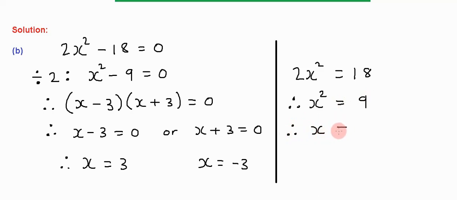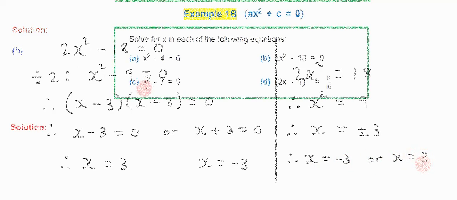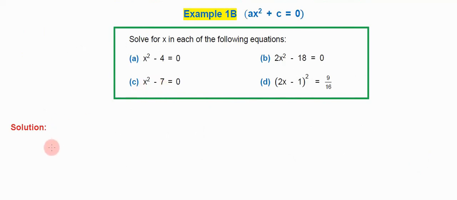So remember, it's going to be plus or minus. X is going to be plus or minus the square root of 9. In other words, plus or minus 3. So this means that x is either negative 3 or x is positive 3. Let's move on to C.